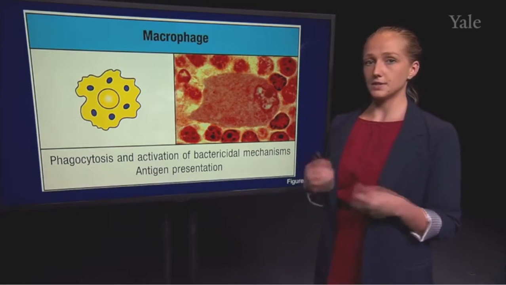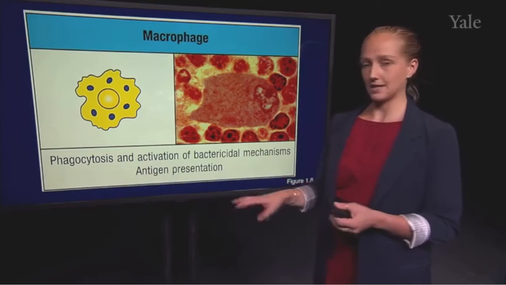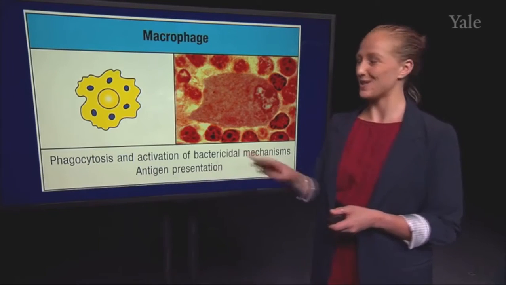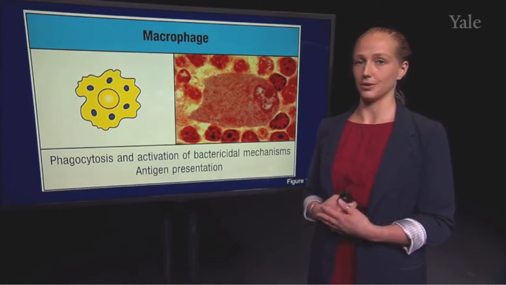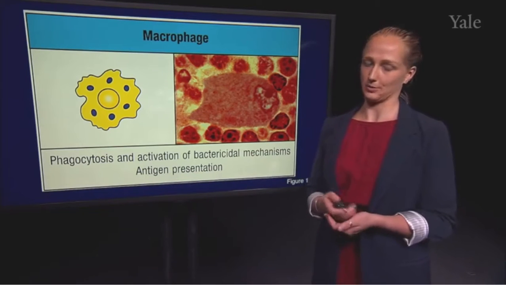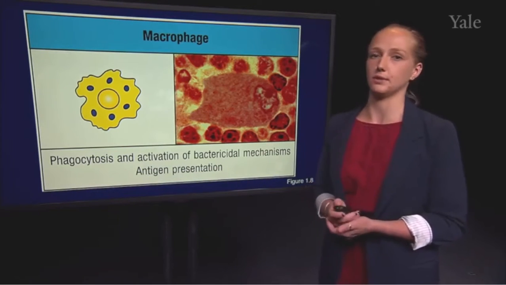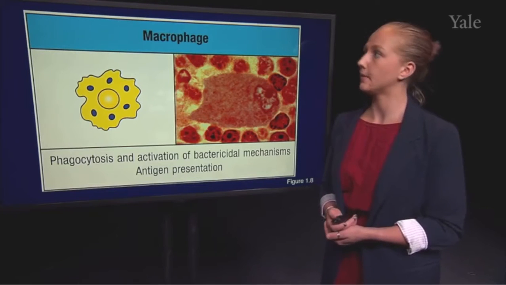These presented proteins, or presented antigens, are really critical in activating the adaptive immune system, which you heard briefly about in the previous lecture. I'll go into a little bit more detail in a few slides.